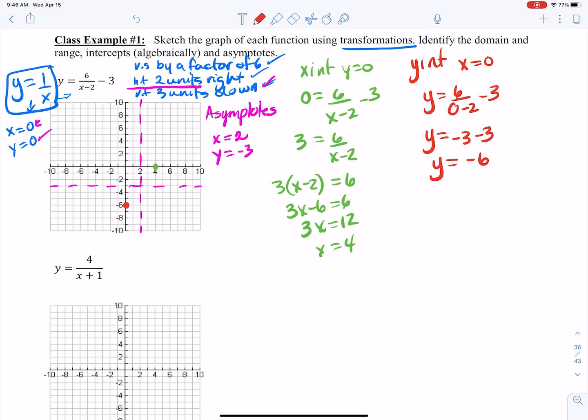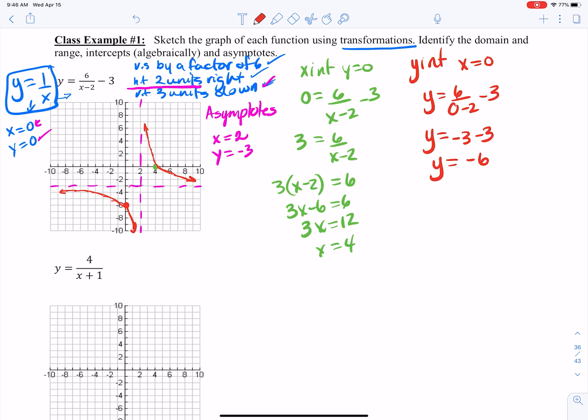All right, now you can get your graphing calculator to get some good points. I'm just going to draw a rough sketch here, being very careful to not touch the asymptotes.